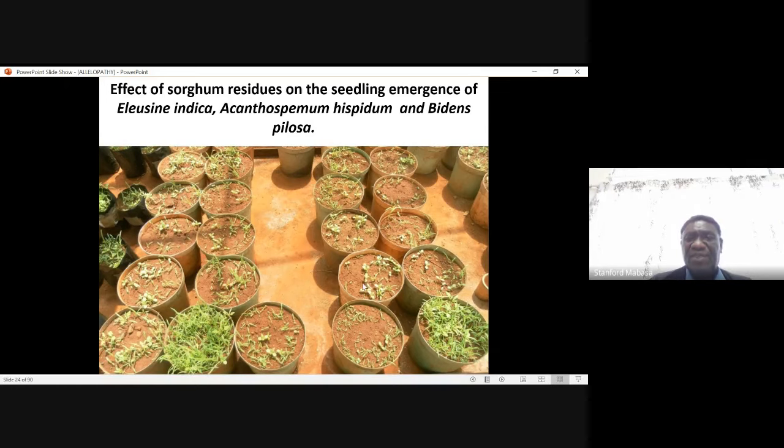You can see in some of the pots, some weeds were taken out by sorghum residues. Presumably, this is the effect of dhurrin from sorghum, because this was sorghum biomass which was incorporated.